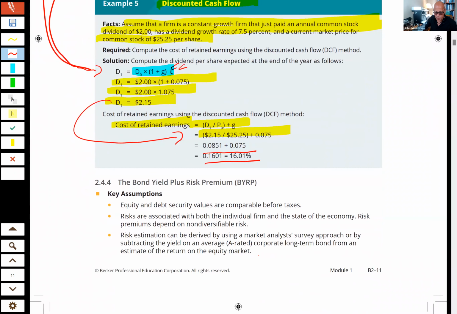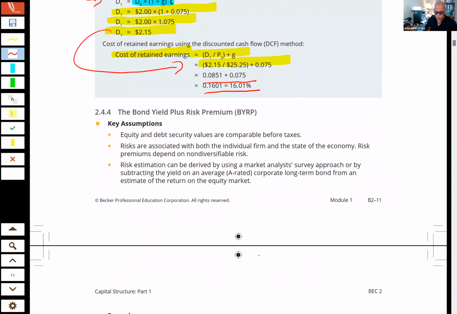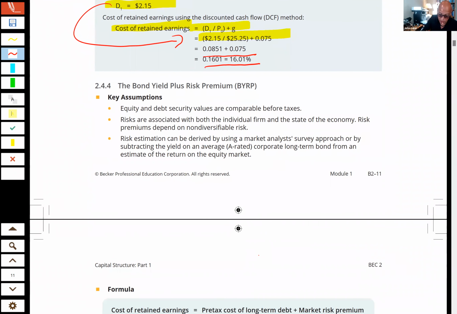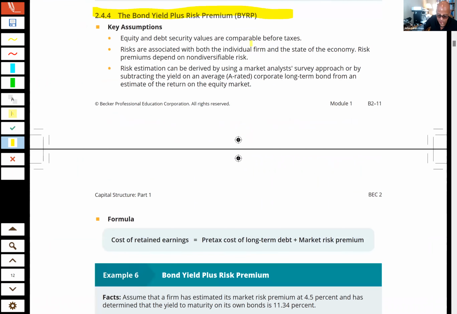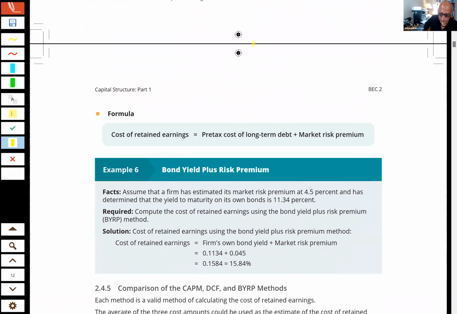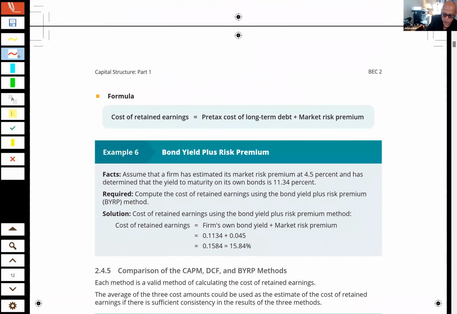Okay, good. Then we come over and talk about the bond yield plus risk premium model. This one is really just, you have to read the problem and see what they give you as your numbers. The cost of retained earnings here, and you can flashcard this, is the pre-tax cost of long-term debt plus the market risk premium.